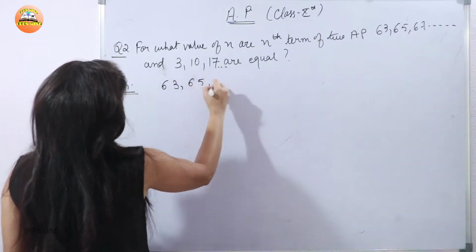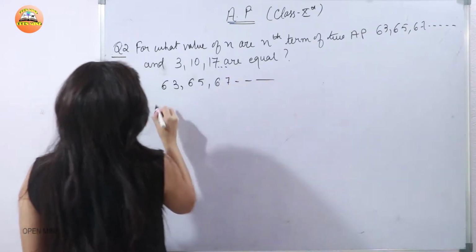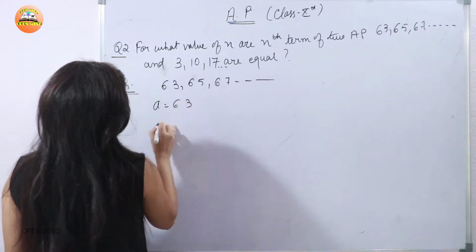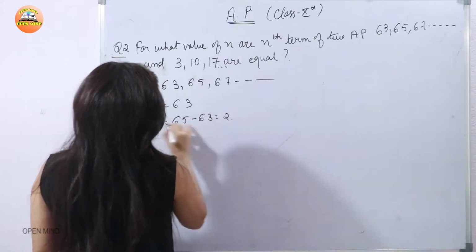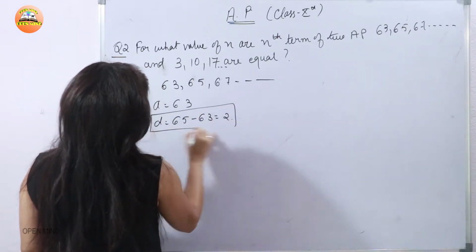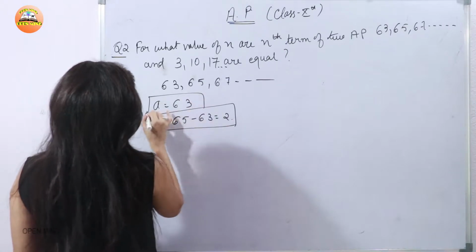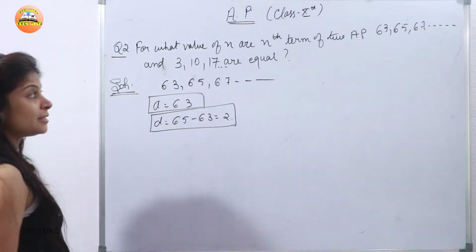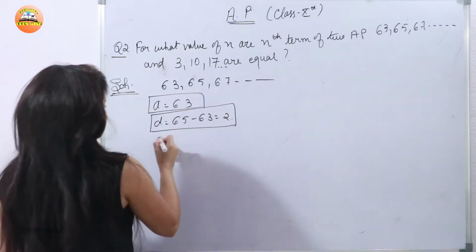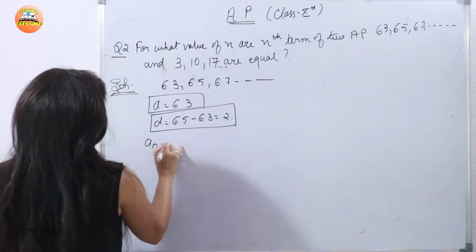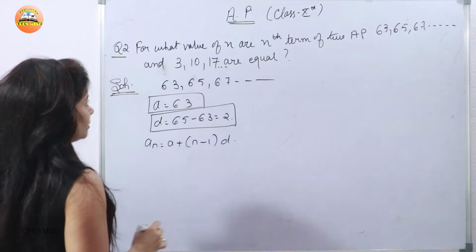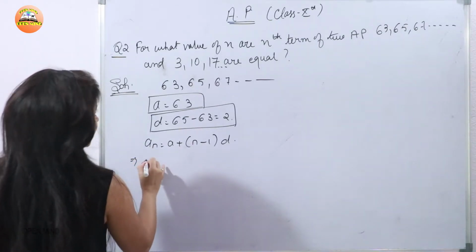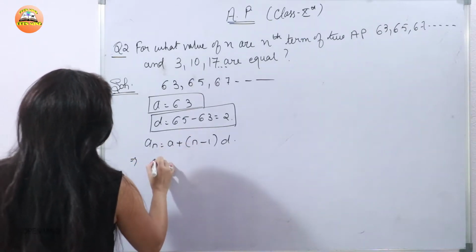So first write here the first AP. So a is what? 63. d is what? 65 minus 63, that is equal to 2. Please put it in brackets. I highlighted it so that you can easily see. Then we have to find an. an is a + (n - 1) d, right? So we know a and d, but not n.